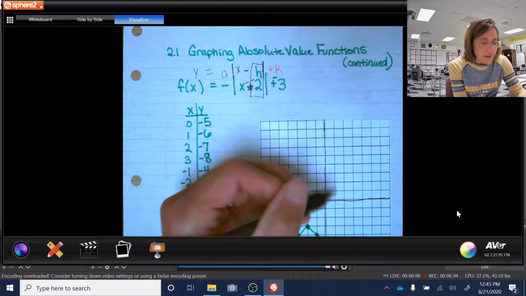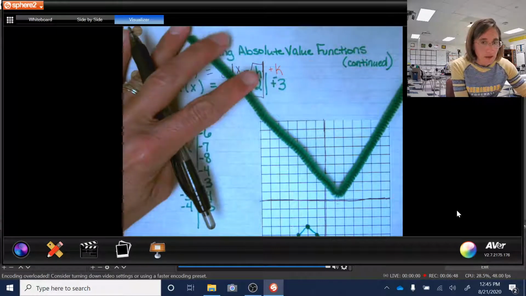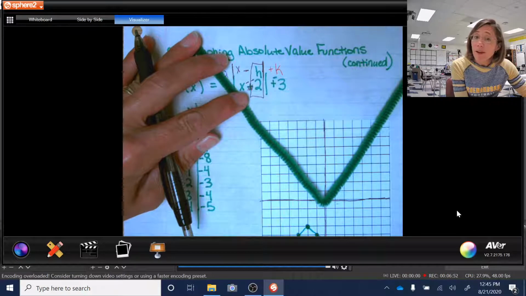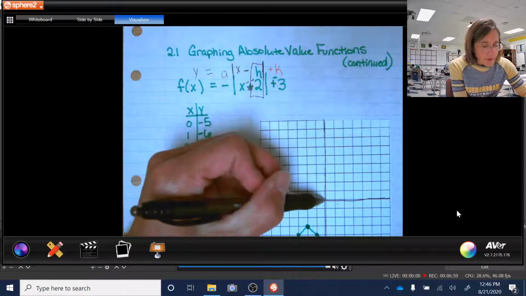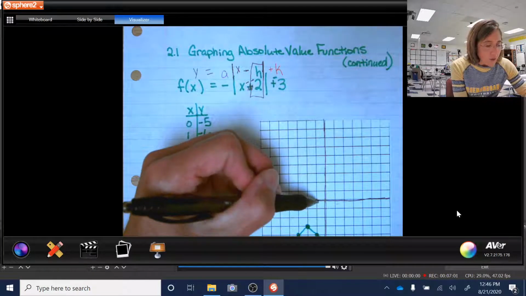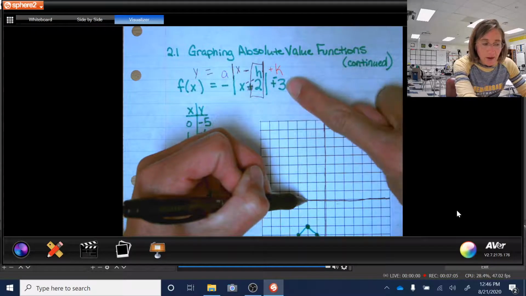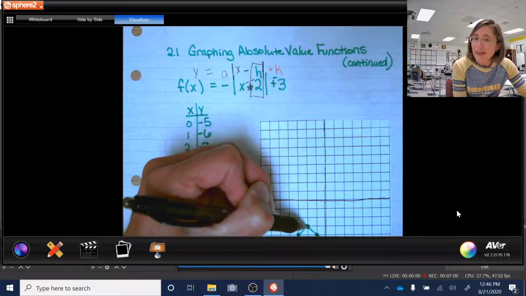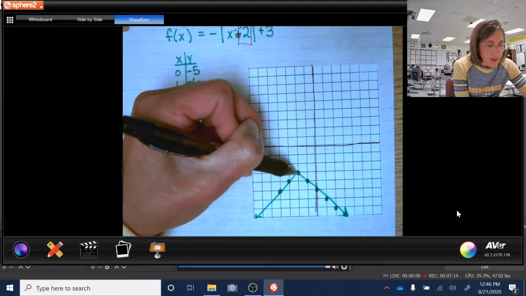So that means from where the vertex would have been on the parent function, that's what the parent function would look like, y equals absolute value of x that we graphed first yesterday. That vertex was here at the origin. I need to go 2 steps to the left, and then this k value is negative 3. That's why you see the vertex 3 steps down.